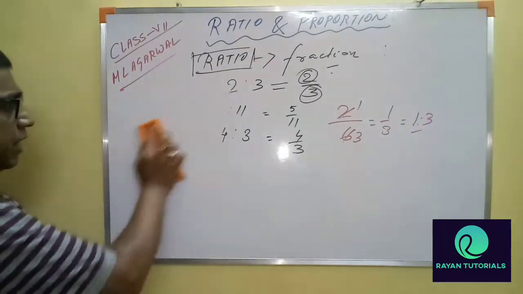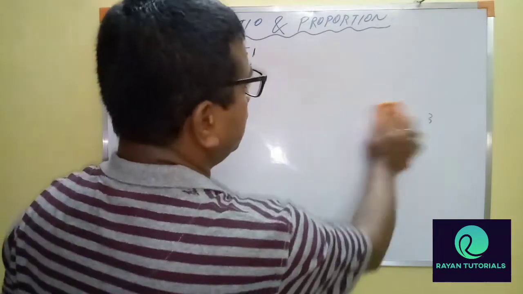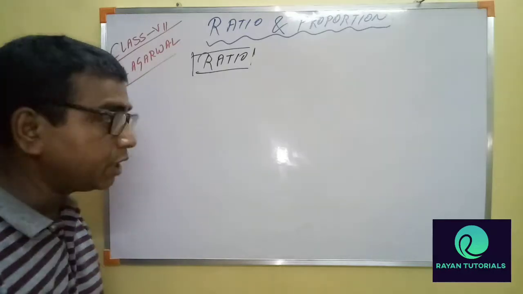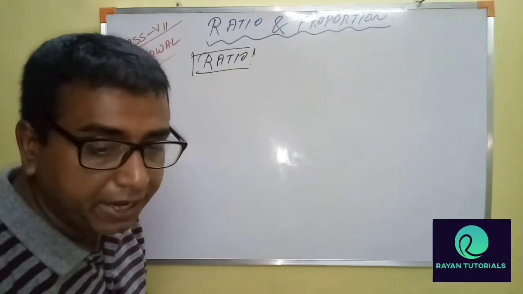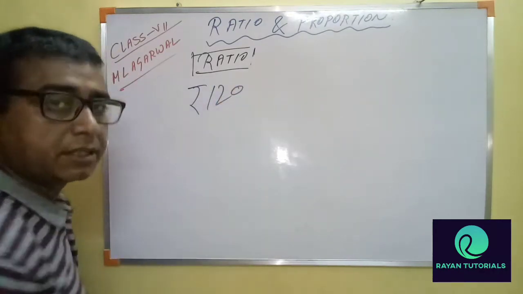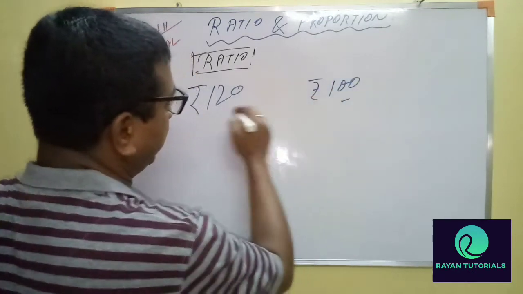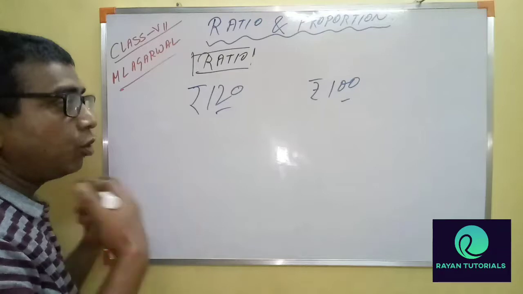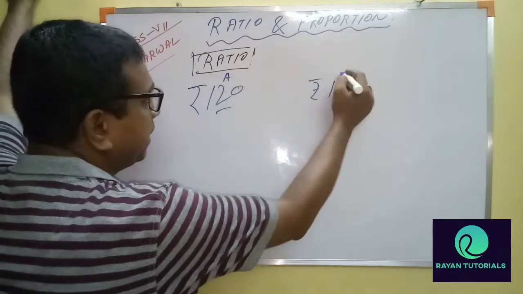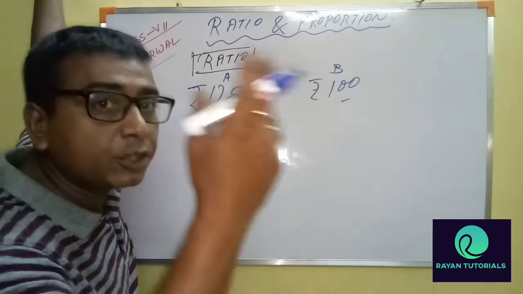Now, what is this ratio? If I want to explain simply, suppose you have rupees 120 and I have rupees 100. So what is the ratio among us? Suppose this is A, this is B. Always you have to find out the ratio with whom.